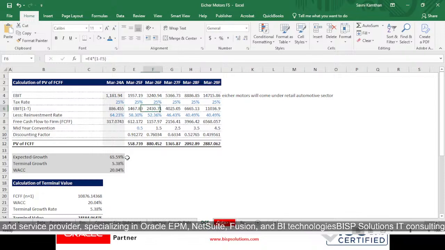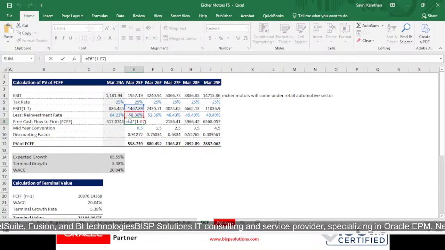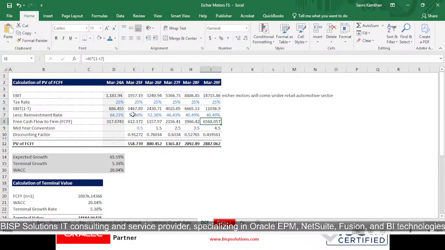After that, EBIT will be the same as we have done before. This is also the same, and free cash flow to firm, I have taken from my EBIT into 1 minus my reinvestment rate, and I have copied it till March 29, right?